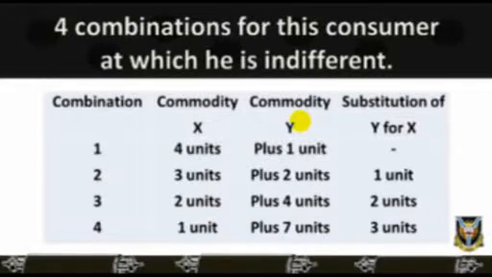Comparing combinations 1 and 2, we can see that 1 more unit of Y compensates for the loss of 1 unit of X. However, comparing combinations 2 and 3, we can see that 2 units of Y are now necessary to compensate for the loss of 1 additional unit of X. The implication is that as the amount of X becomes smaller and the amount of Y greater, X becomes more and more significant and Y less and less significant.